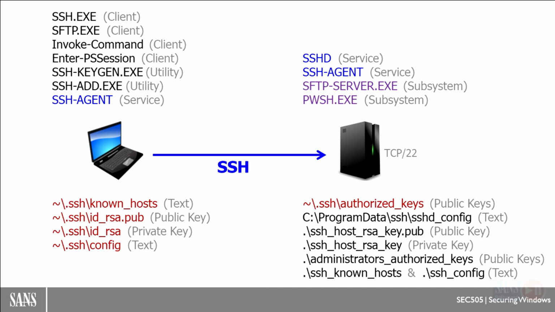Some of these configuration files are on the client side. Some are on the server side. And then, of course, we have all the binaries. Some of the binary tools you run on the client side, and other binaries you run on the server side. So this one slide summarizes all the different files and binaries so that you can refer back to it in real life or for the exam.